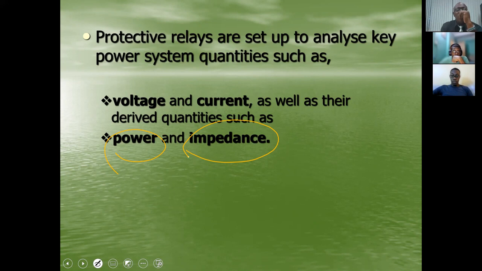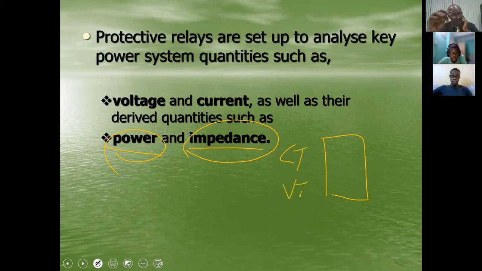Once we start looking at power and impedance, it means that we're going to have at least two inputs for those relays. So your impedance relay would require both your CT input and your VT input, because those are looking at the quotient, so to speak.